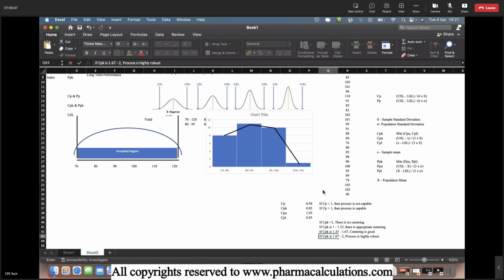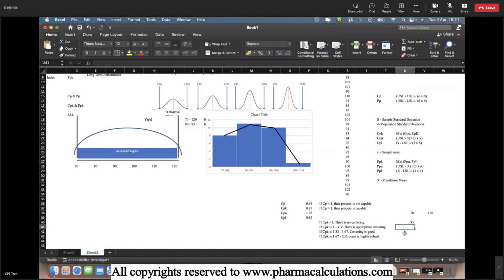Why? Because you are always going to get output at the center point. Here you got a yield range of 70 to 120, and the average is 95.